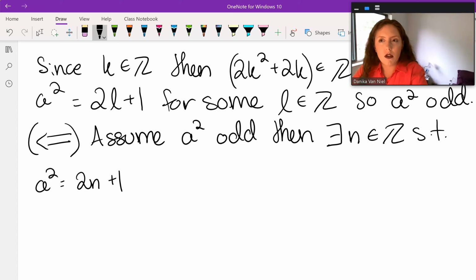Fabulous. So that's what I did last time, right? I just started unraveling my tools. I was talking about what it means to be odd. Well, what can we really say about a? Not every integer is a square, so if we square root this, 2k plus 1 square rooted, yeah, it gets ugly fast, okay?